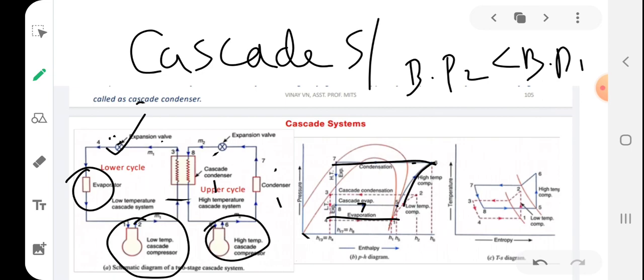The condensation takes place, so you can see that a large amount of condensation takes place here. And the important point is that after condensation, it will get expanded to this particular temperature.